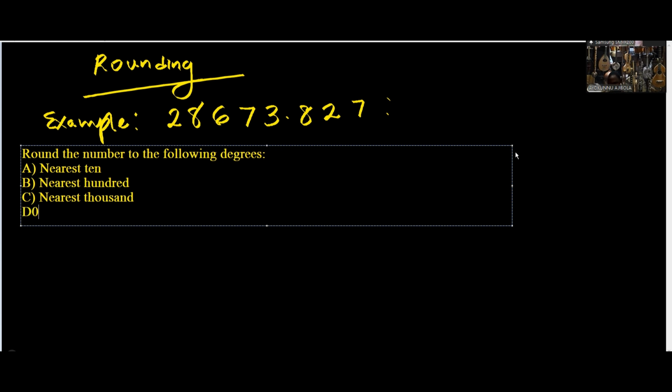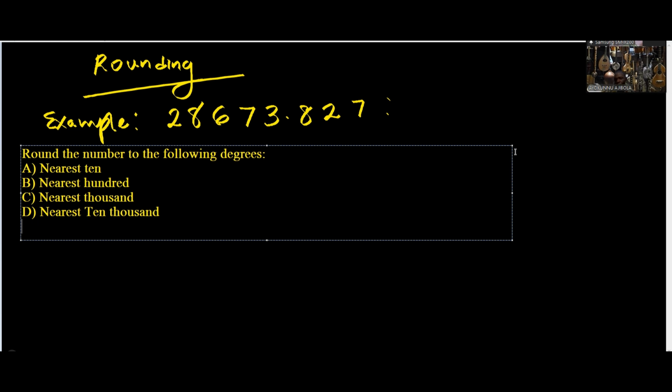Nearest 10,000. Then it's not over. Option E, nearest whole number.